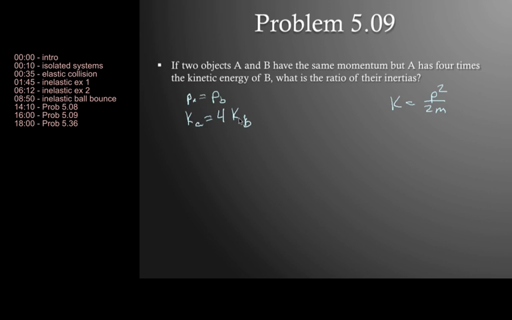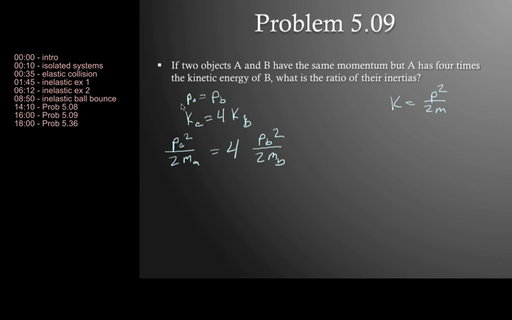So let's rewrite this in terms of momentum, the kinetic energy, how they're related, A and B. So we have PA squared over 2MA is equal to 4 times the kinetic energy of B, which is PB squared over 2MB.